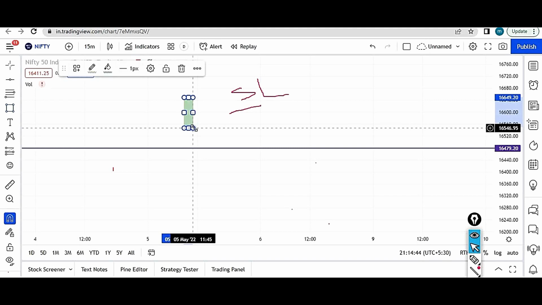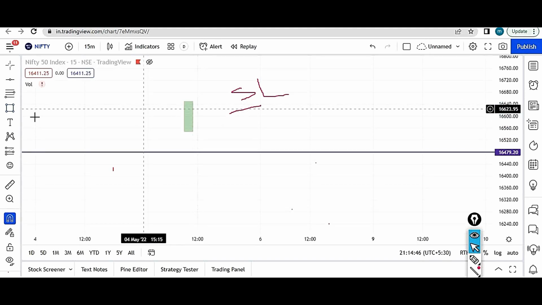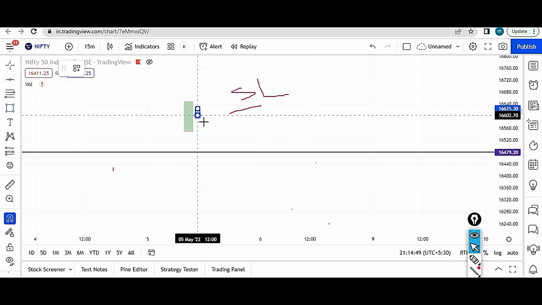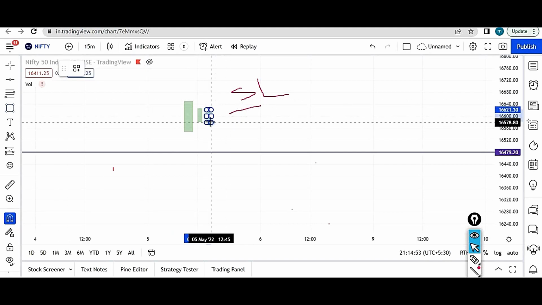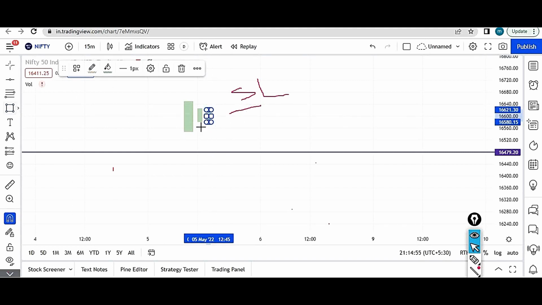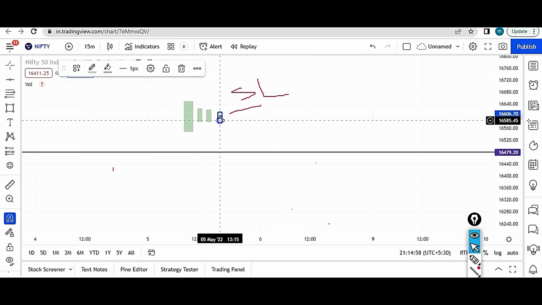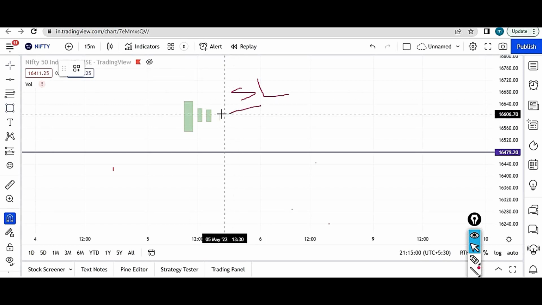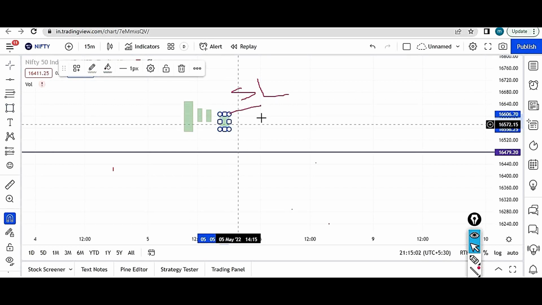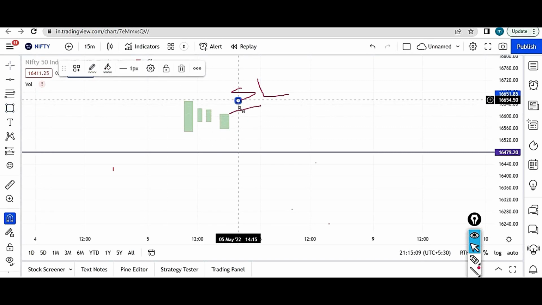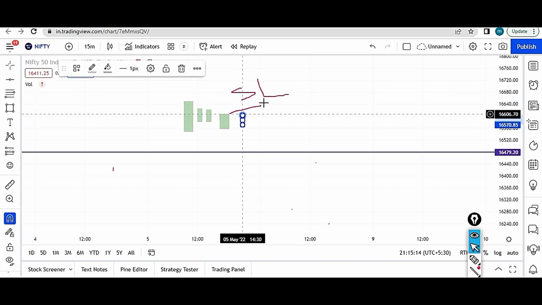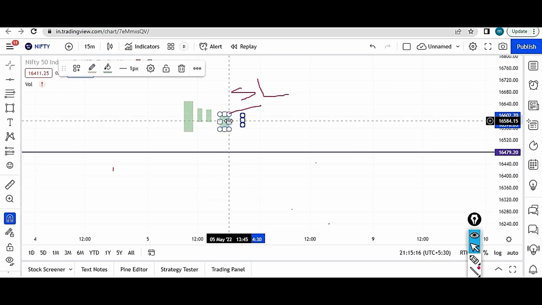Okay, and if it is making further small candles inside, like this, 3, some, 4, some, 1, 2, 3.